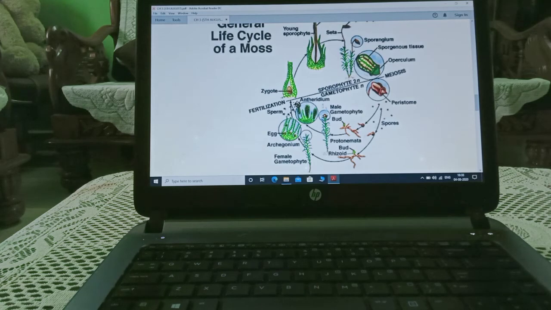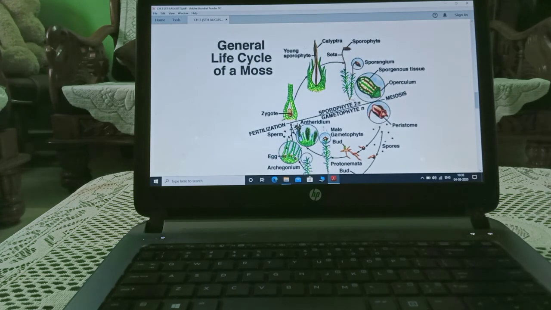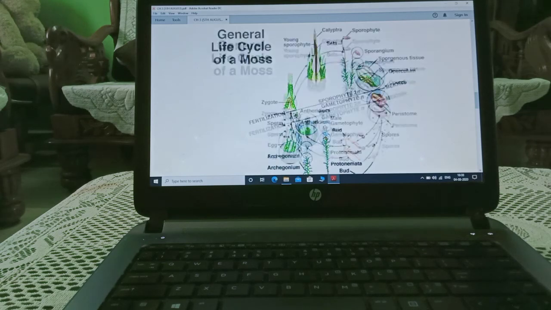Fertilization will take place, with formation of zygote, and the zygote converts into sporophyte, as we know, foot, seta and capsule, and inside the capsule spores are present. So this is the 2n cycle and this is the n cycle. They are both alternating with each other. This is known as alternation of generation.